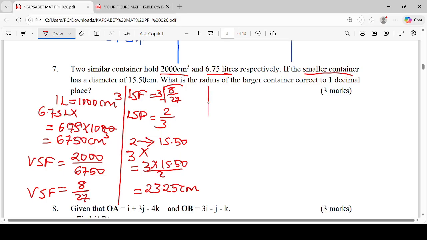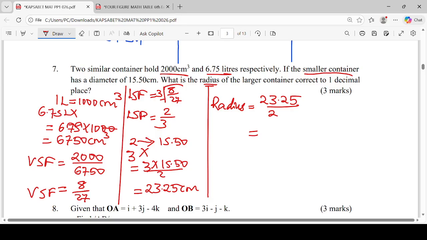Remember, the question is not asking about the diameter, it's asking about the radius. And you know that radius is normally half the diameter. So to compute the radius, you simply take your diameter, 23.25, then you divide it by 2.